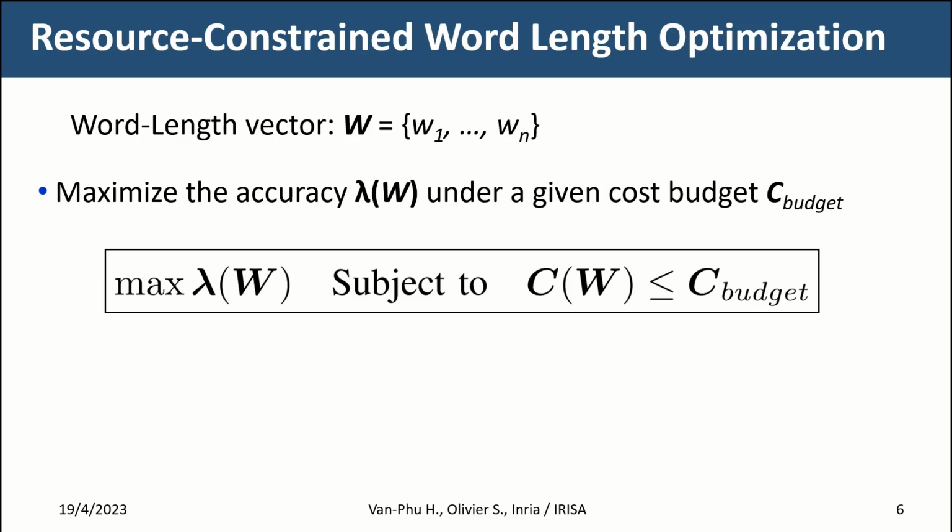So in this slide, I show you the mathematical equation of resource-constrained word length optimization. Here we have a vector W representing the fixed point word length to be optimized. So we need to maximize the accuracy lambda(W) under a given cost budget C_budget.